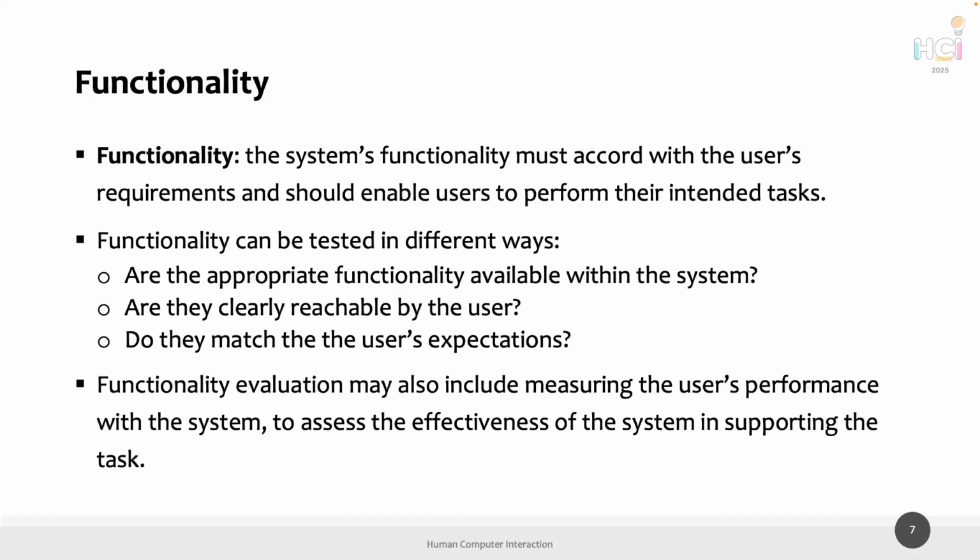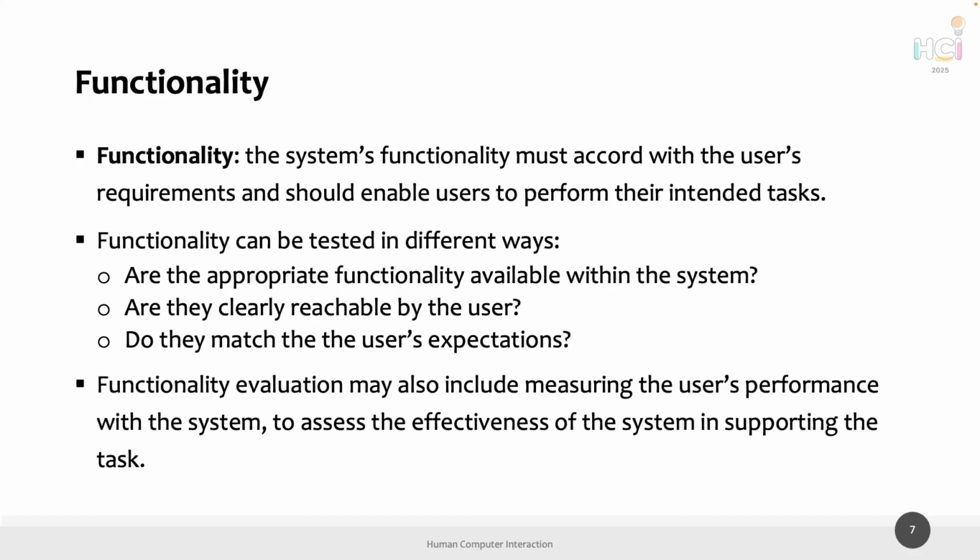So in a way, it's what you are doing now with assignment 2. And of course, functionality can be tested in different ways according to the design stage. One can ask: are the appropriate functionalities available within the system? Are they clearly reachable by the user? And do they match the user expectations?